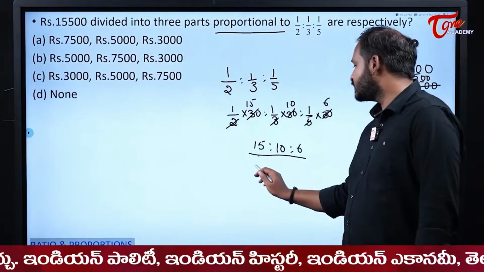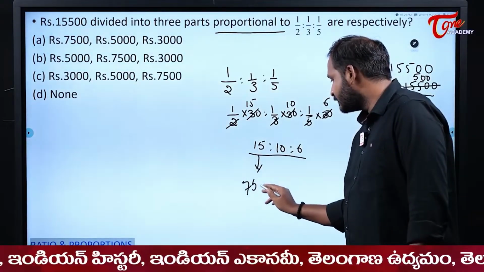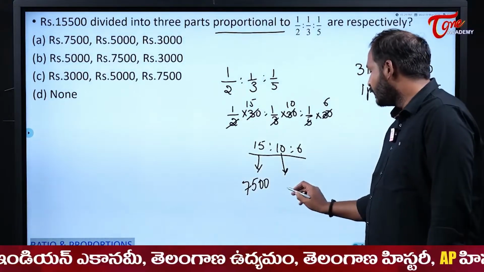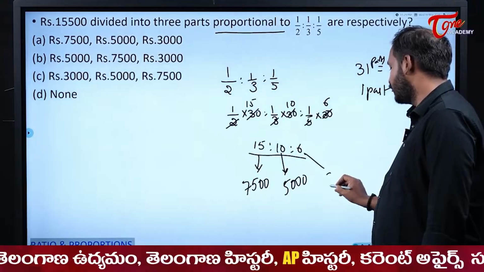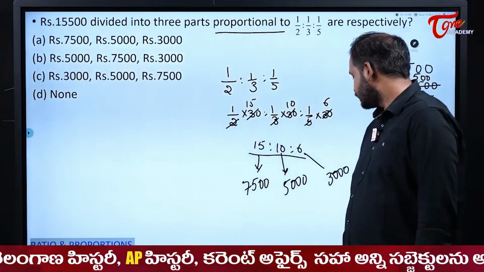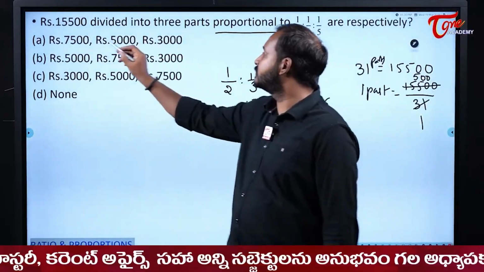So 15 parts means 15 into 5, 7500. Next, 10 parts means 10 into 5, 5000. Next 6 into 5, 3000. So 7500, 5000 and 3000.